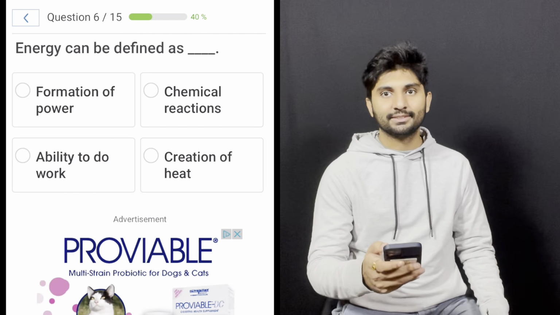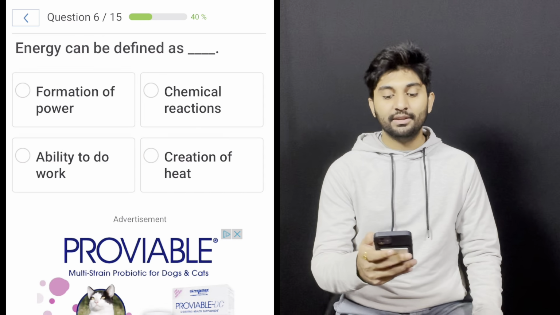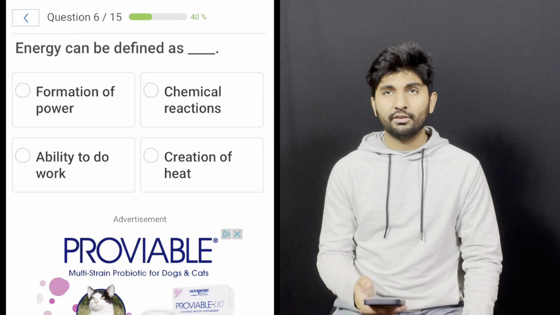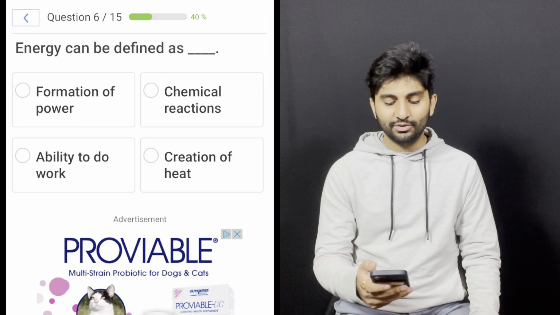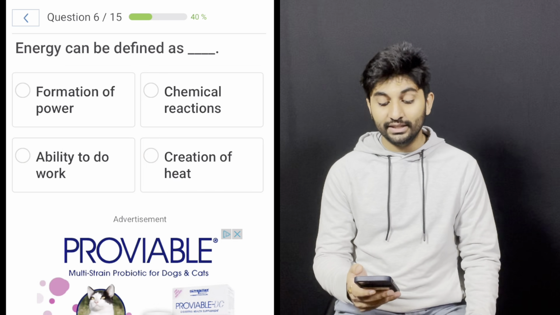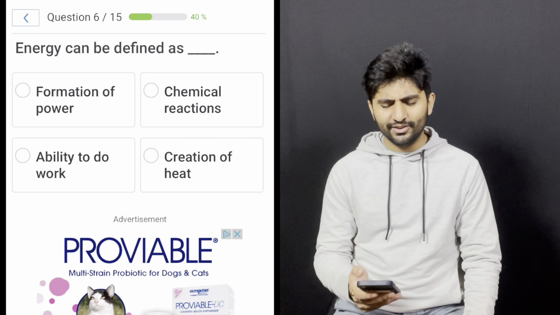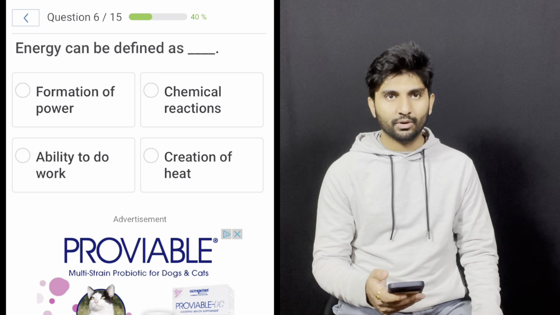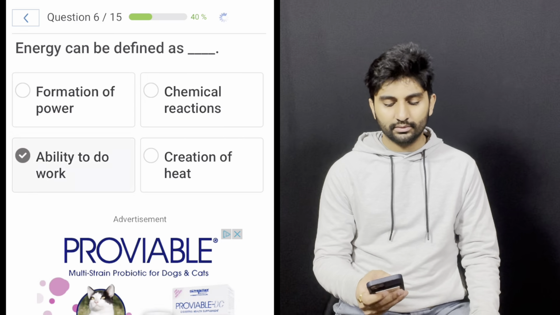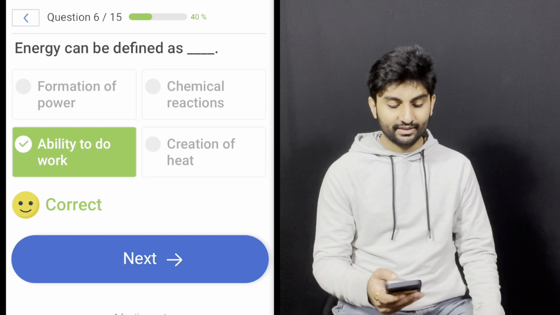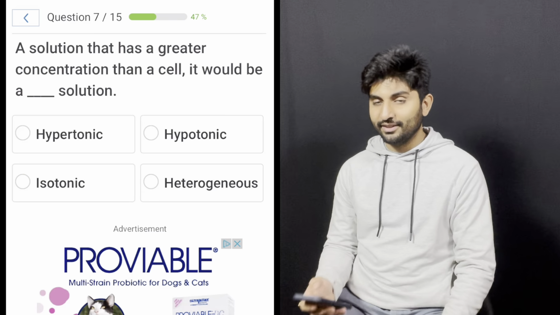Question number 6. Energy can be defined as formation of power, chemical reactions, ability to do work, or creation of heat. I think energy can be defined as ability to do work. That's correct. 6 for 6.